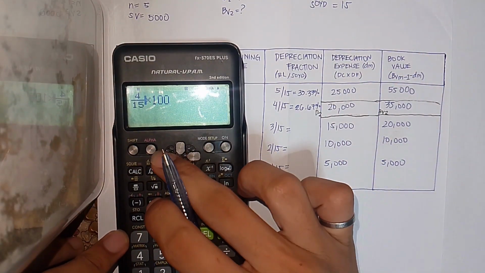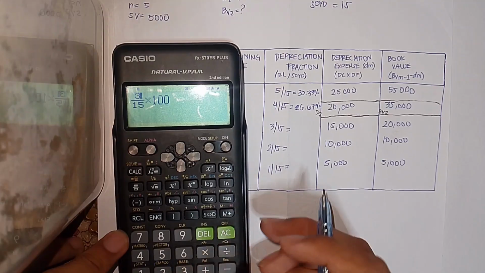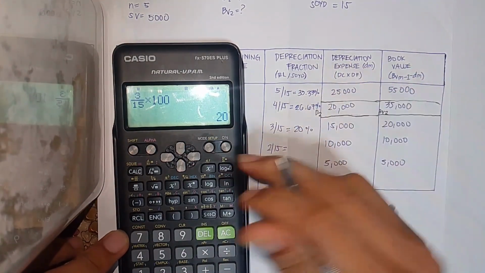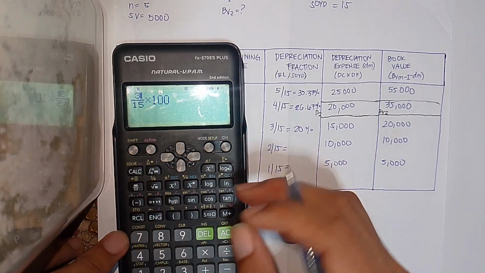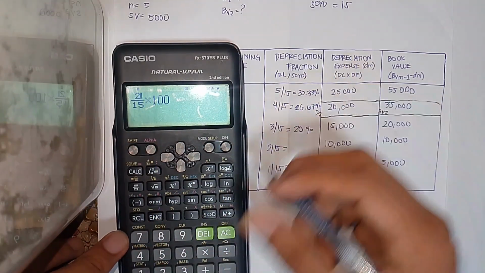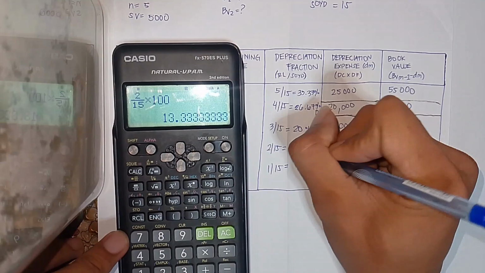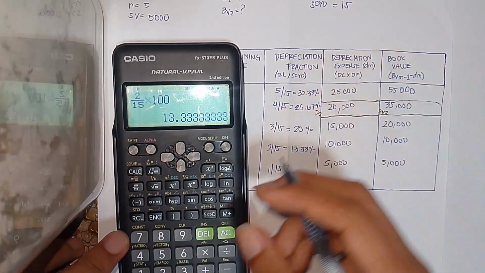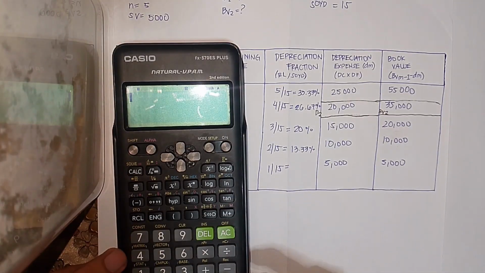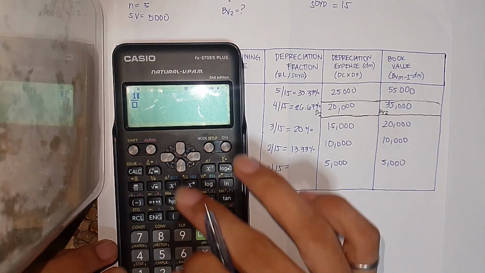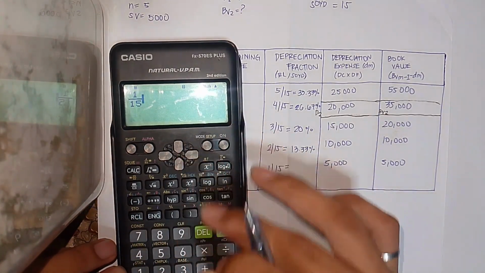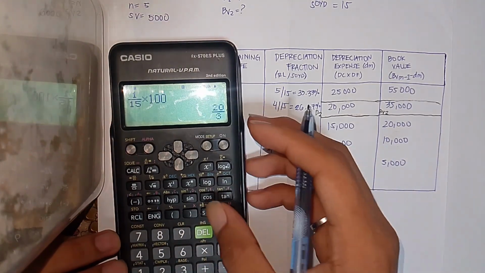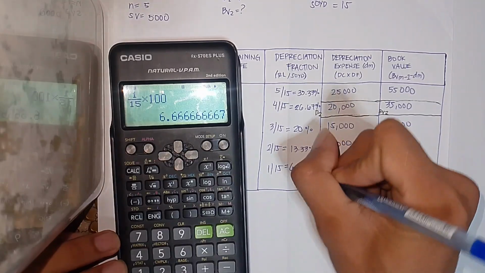Same at year 3, 3 over 15, 20%. Then 13.33%. The last one is 1 over 15 times 100, equal to 6.67%.